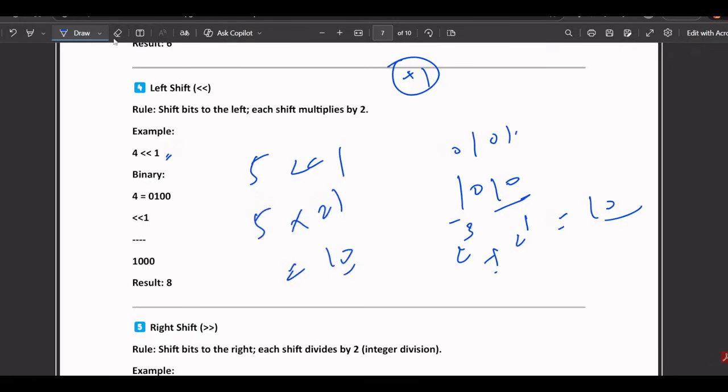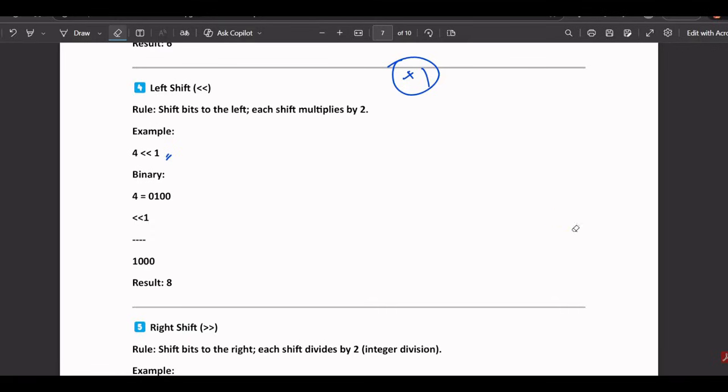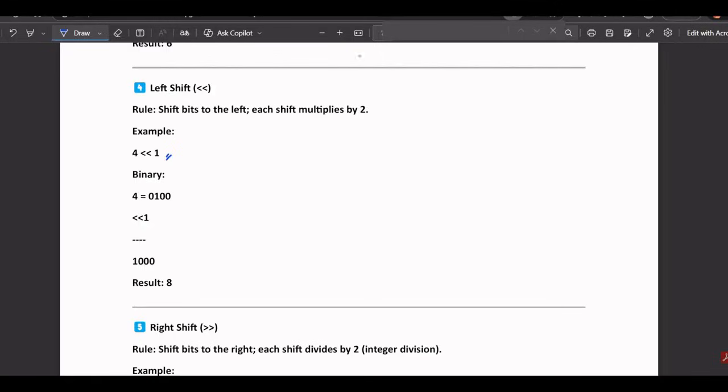But suppose you want to left shift by 2 bits. Let's take an example and understand left shifting by 2. Suppose we want to shift 3 by 2 places. 3 is basically 011, correct? 2 to the power 0 plus 2 to the power 1.